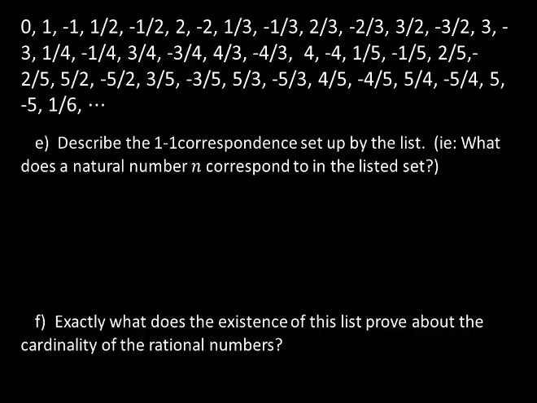Part E, again referring to the list. Describe the 1-to-1 correspondence set up by the list. What does a natural number n correspond to in the listed set? There are 2 ways you could answer this. You could say in a sentence: the natural number n corresponds to the nth number on the list.